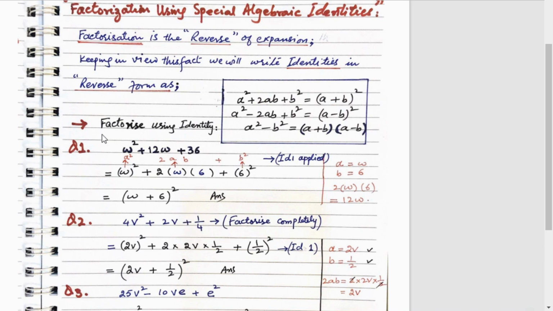Question number 1 is: factorize using identity. Now we will use these identities to factorize the given expression w square plus 12w plus 36. Look at this. These are three terms: first, second, third. Look at the first identity. These are also three terms in the reverse form of the first identity. (a + b) whole square is over here.